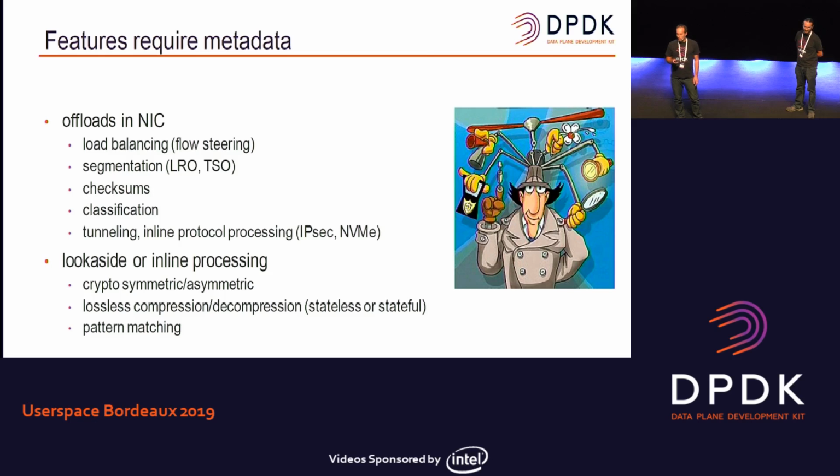But we also need mbuf if we want to offload some protocol processing, like IPsec, or other cryptography, or even maybe compression, and now we are going to add some pattern matching. All these protocol offloads can benefit from using mbuf fields. mbuf is a central structure of DPDK, and note that it can also be used by software if you implement this feature as a software fallback.